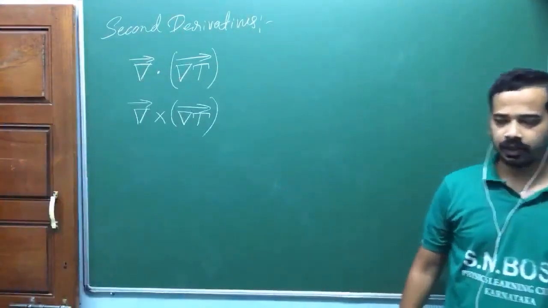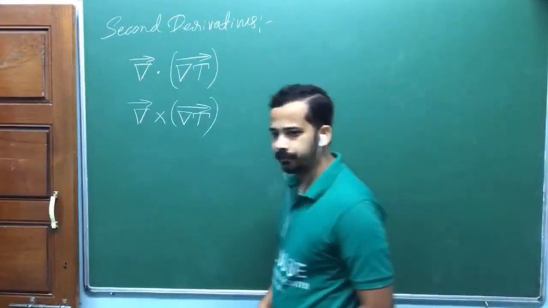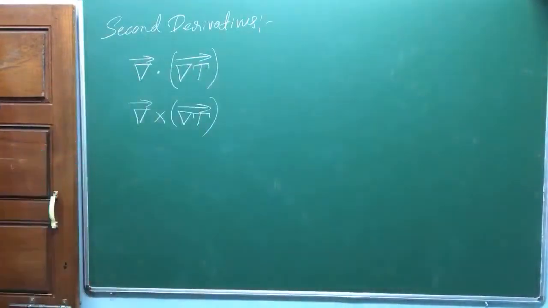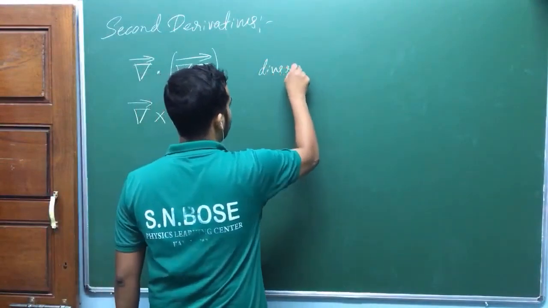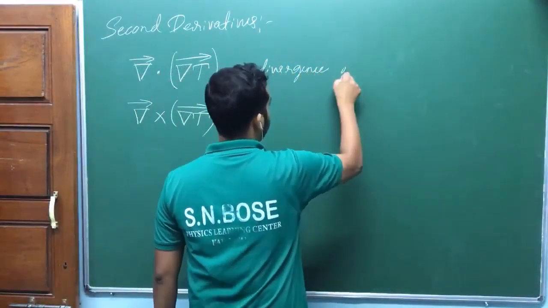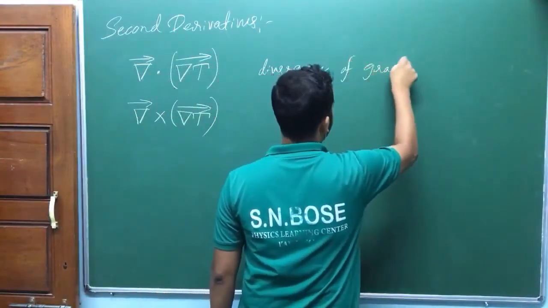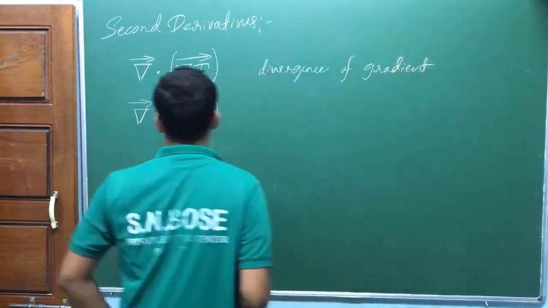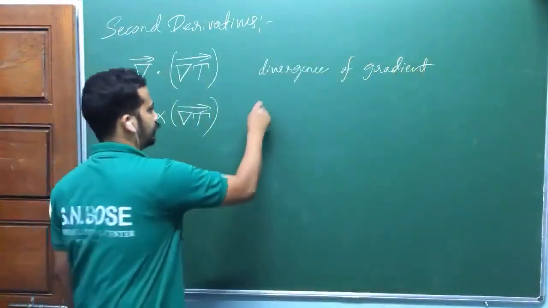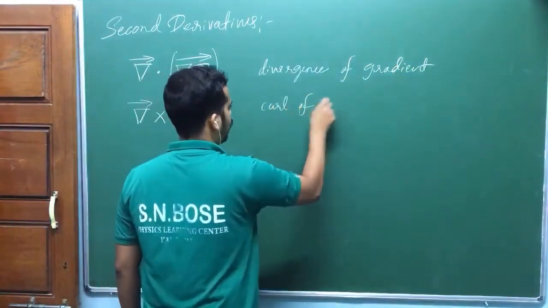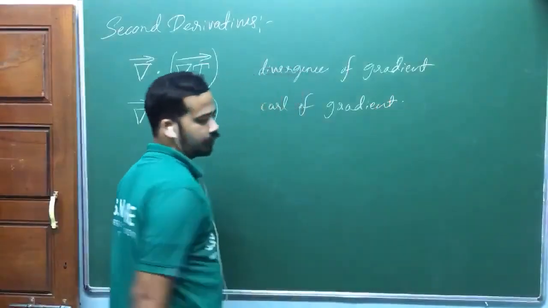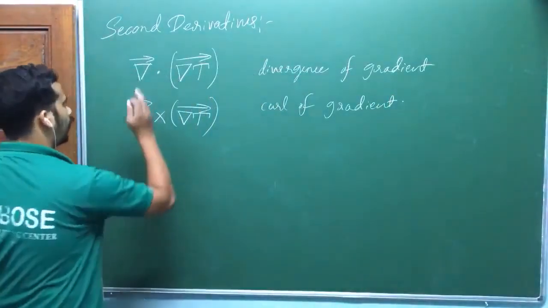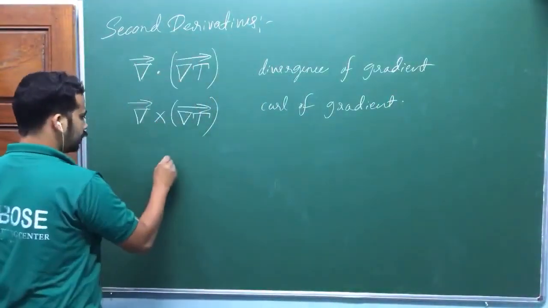You can see the del operator came twice, isn't it? You can call this divergence of gradient, okay? Curl of gradient.